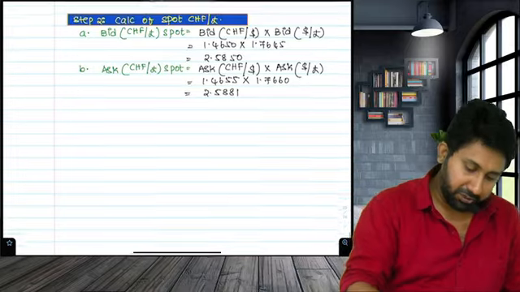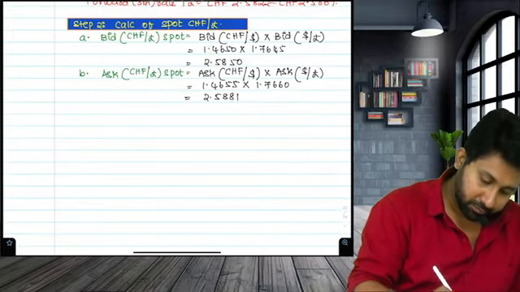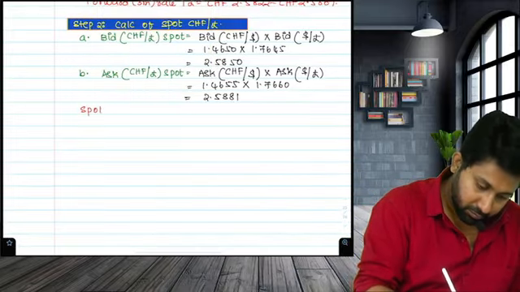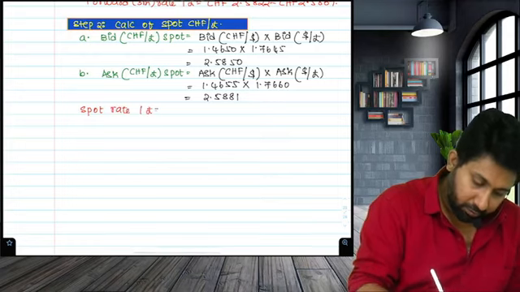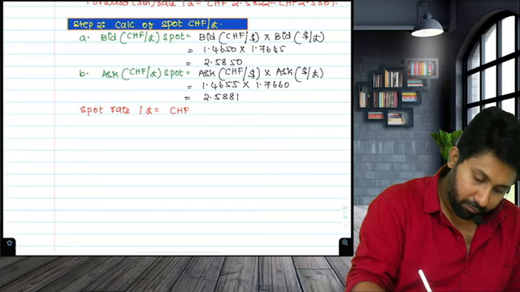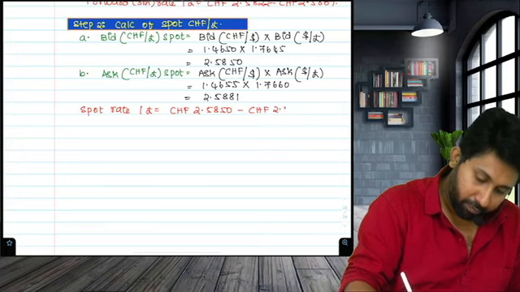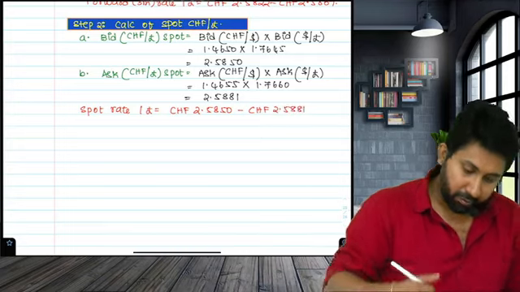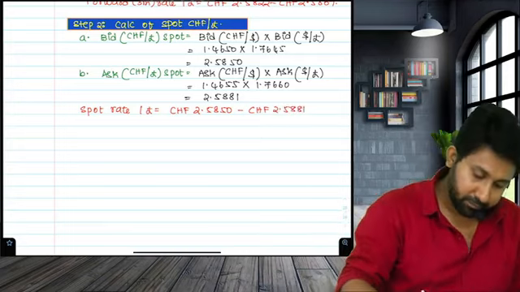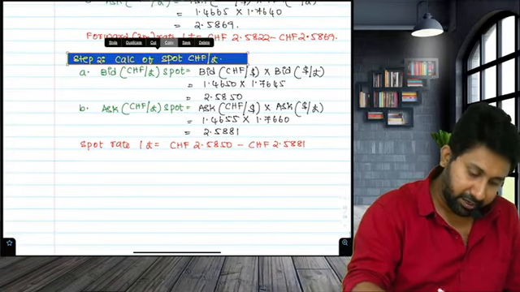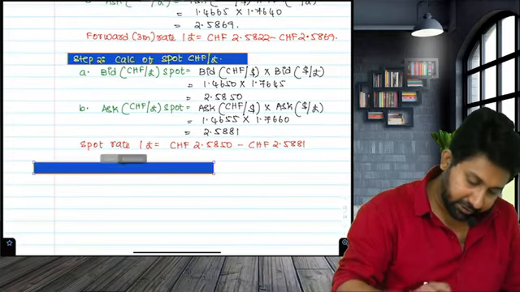Therefore, final quotation for spot rate: 2.5850 to 2.5881.